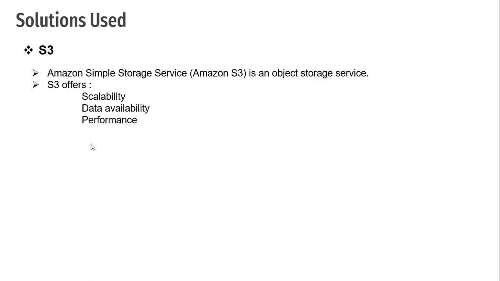It is designed for 99.999999999 percent of data durability. Why? Because it automatically stores copies of all your S3 objects, whatever you are trying to upload. It makes multiple copies.